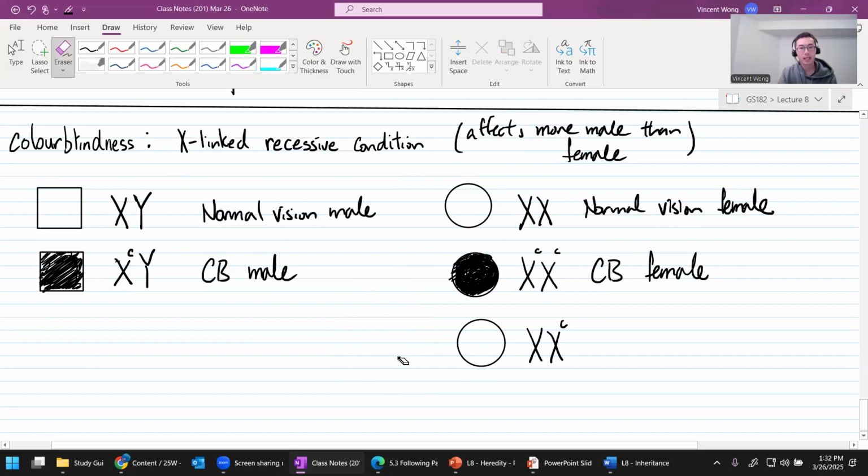Okay, very good. This is going to be a normal vision female, but she's a carrier.